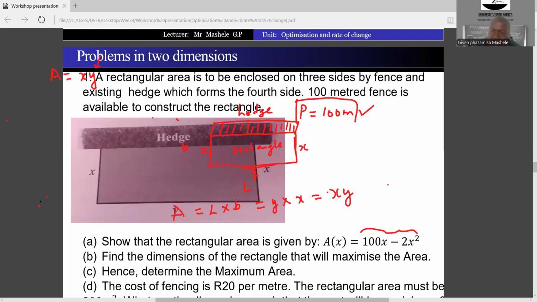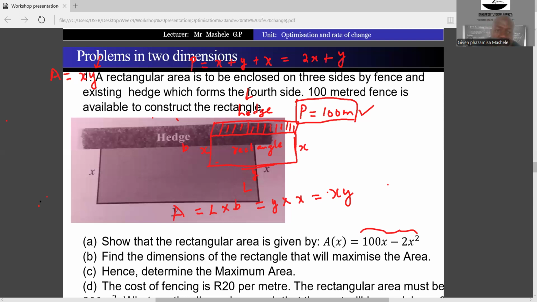Right, now we're given this perimeter of 100. So we know, what is perimeter, guys? Perimeter is the total distance around the shape. But now here, we're not going to add the part of the hedge. So our perimeter here will be x plus y plus x, the distance around the shape, which gives us 2x plus y.